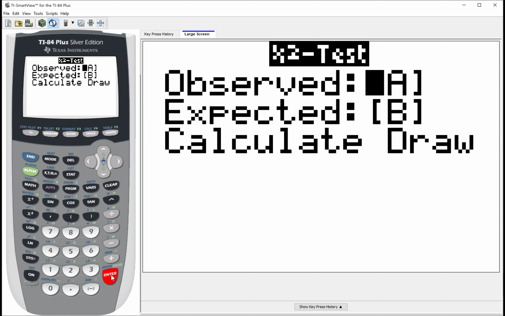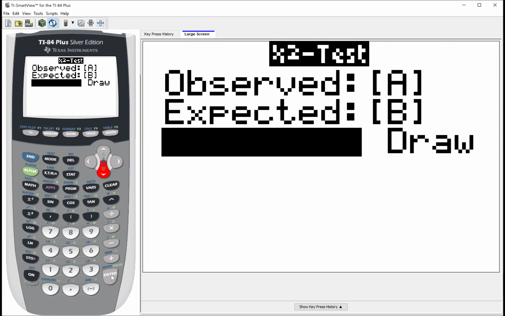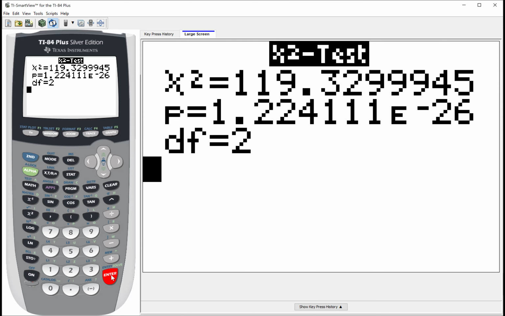And you could leave the expected as B because that's just where the calculator is going to store all the expected values that it's going to calculate. So we can arrow down to calculate. So we get a chi-square test statistic of 119.33. And we get this p-value of 1.22 e to the negative 26.